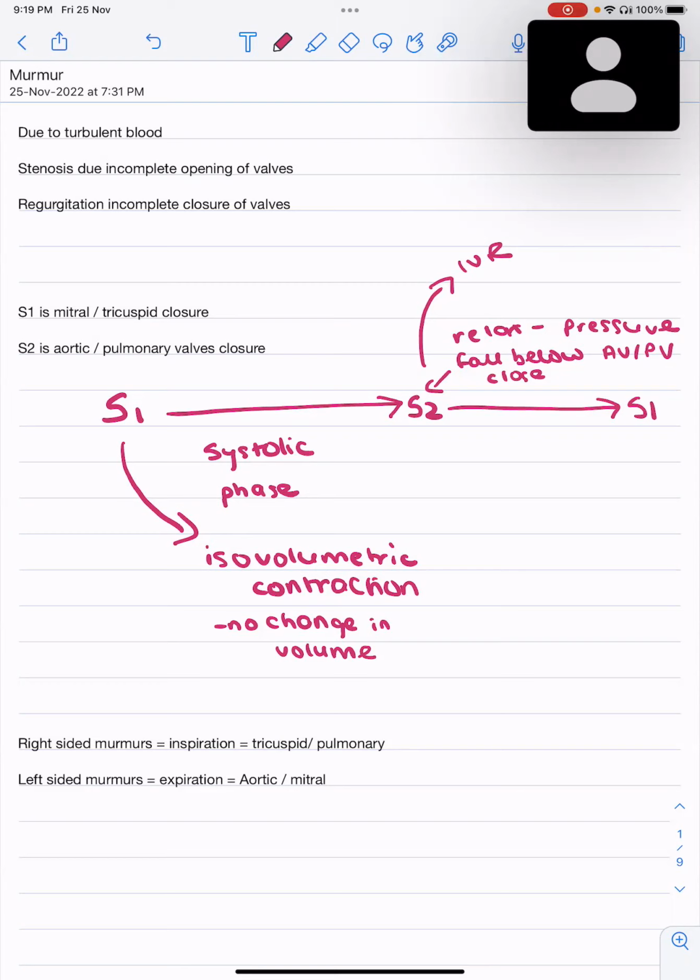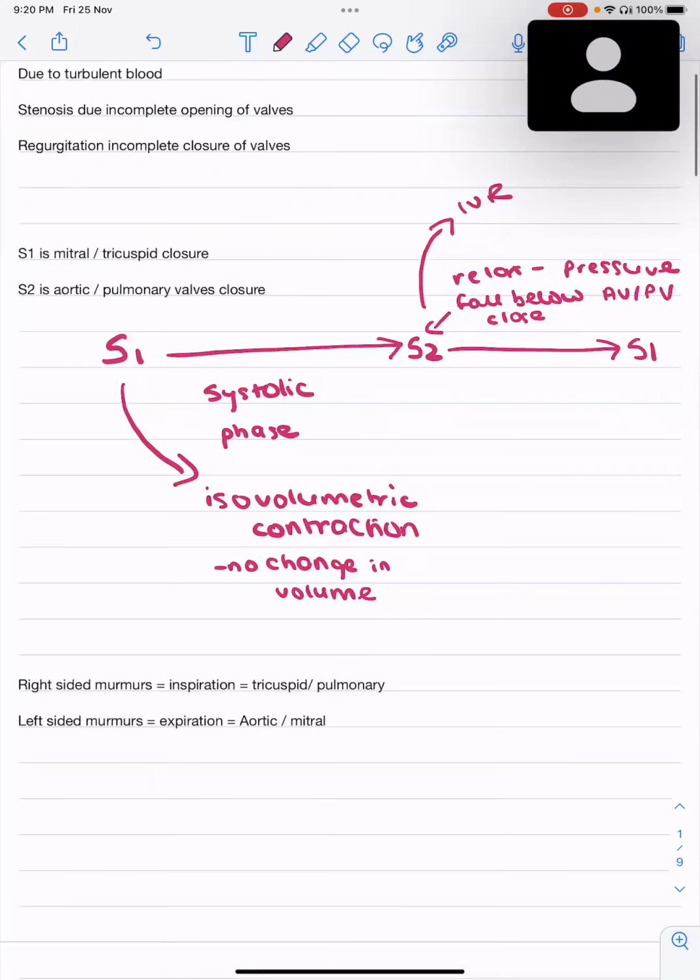Whenever there is an S1 sound, the systolic phase has started, and it lasts till S2. After the closing of the aortic and pulmonary valves, the diastolic phase starts. So S1 to S2 is the systolic phase, and S2 to S1 is the diastolic phase.